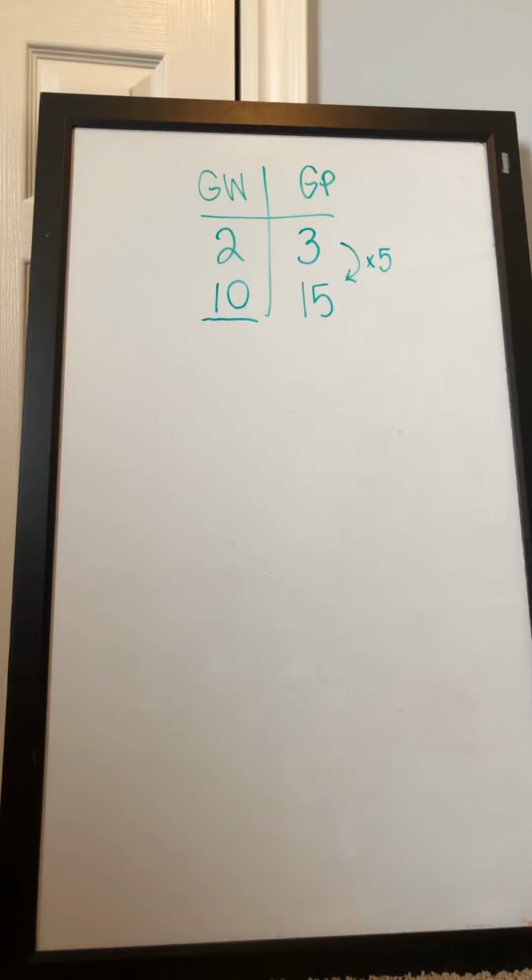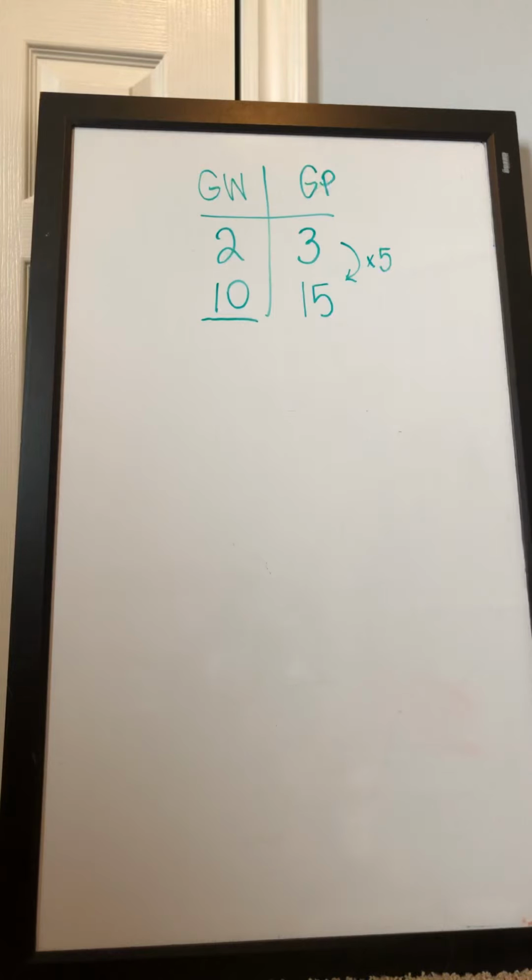So then I also need to do that on this side. When I multiply 2 by 5, I get 10. So to answer the question, how many games did the team win? It's 10.